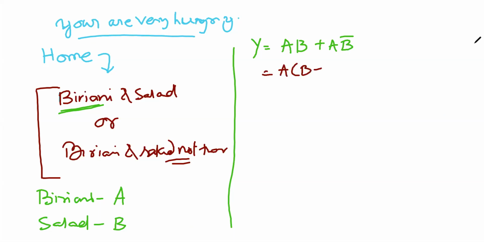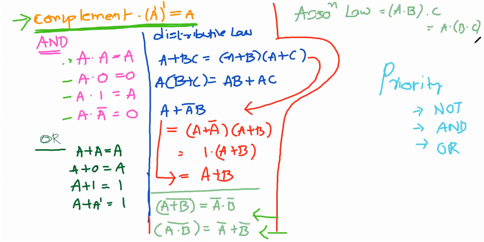So it is B OR with B complement. How much is B OR B complement?